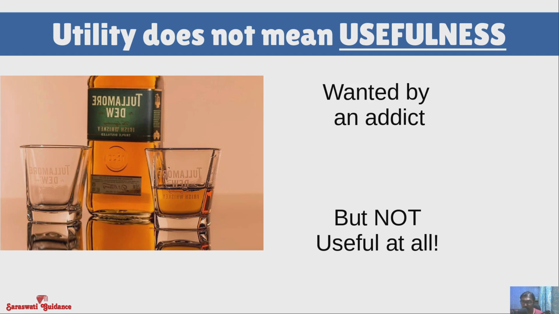Absolutely not. That's why utility does not mean usefulness. Utility is again utility. It is a power to satisfy some want. It does not necessarily mean that it is always useful to the person who wants to satisfy the need by using the utility of a particular commodity.